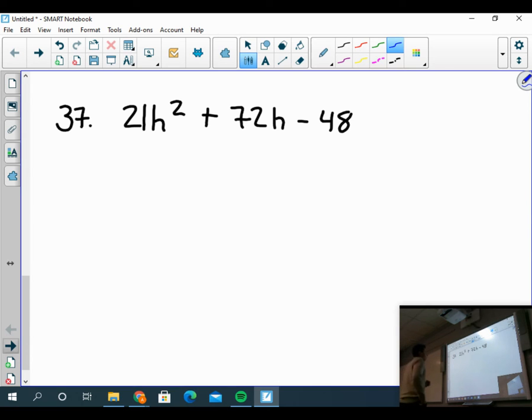Now, be careful. We always want to look for the greatest common factor. So I'm not going to stop at 3. I'm just going to run through a couple more numbers in my brain to see if there's anything bigger that maybe will factor out. Well, 21 is not divisible by 4, 5, or 6. It is divisible by 7, but 72 is not. 21 isn't divisible by 8.